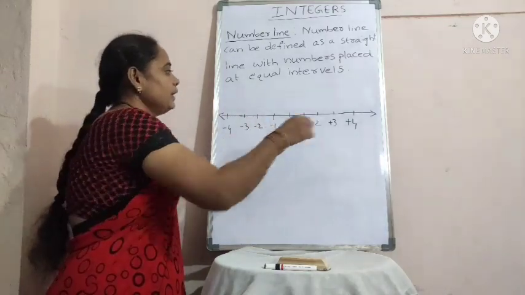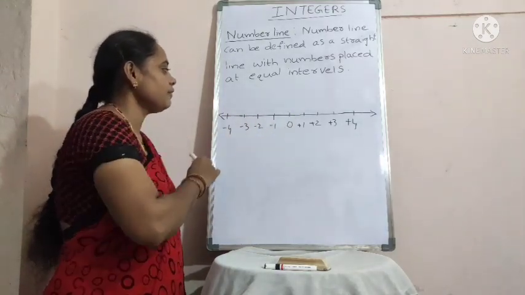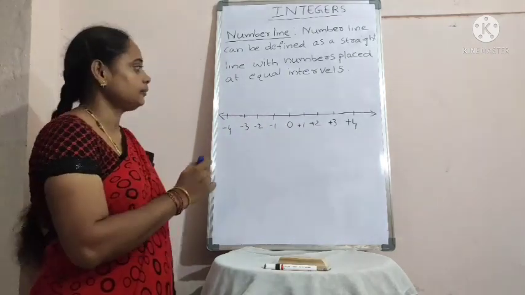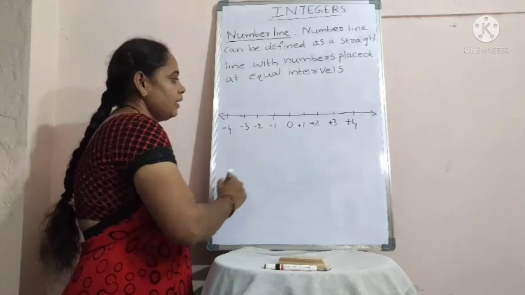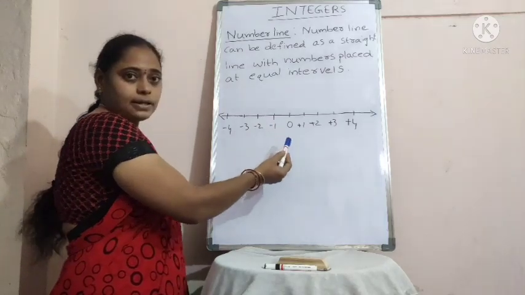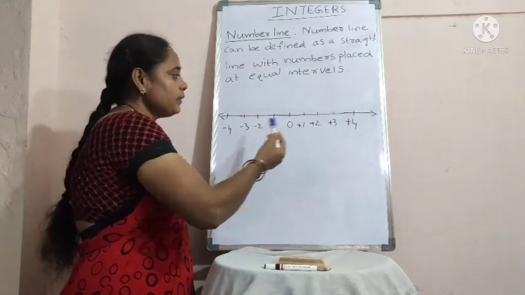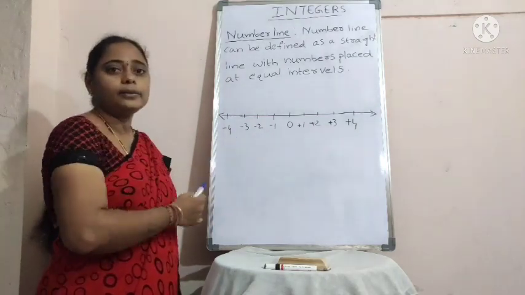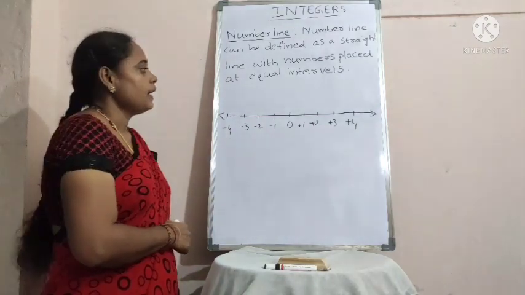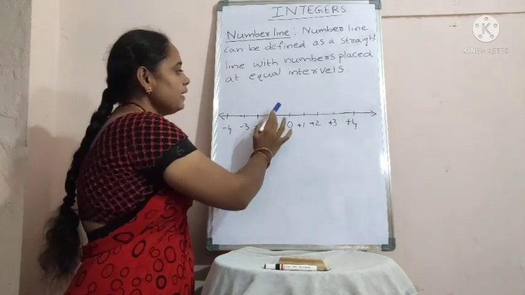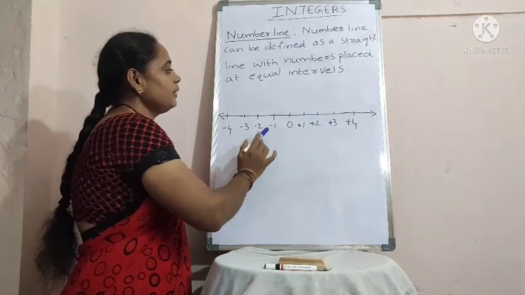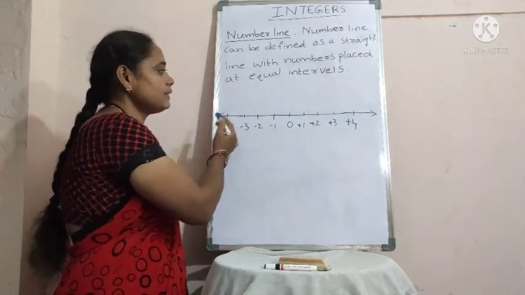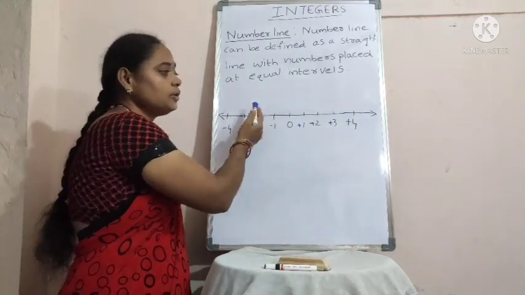This arrangement is the representation of integers on number line. 0 is less than all positive integers and 0 is greater than all negative integers. As the value of number increases, we move left to right, and as the value of number decreases, we move right to left.